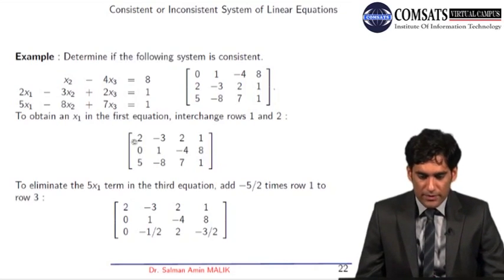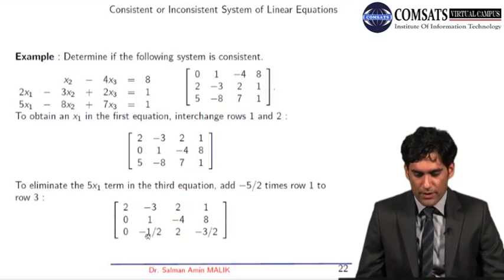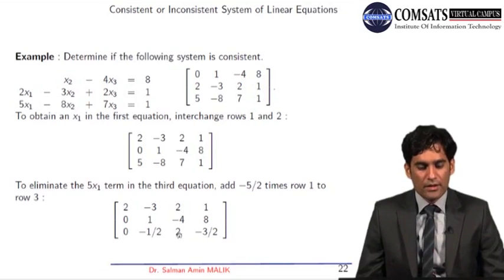So I multiply this row by minus 5 by 2 and add it into this row. The answer has been written in the third row, which is 0, minus 1 by 2, 2 and minus 3 by 2. So this makes the coefficient of x1 in my third equation 0.